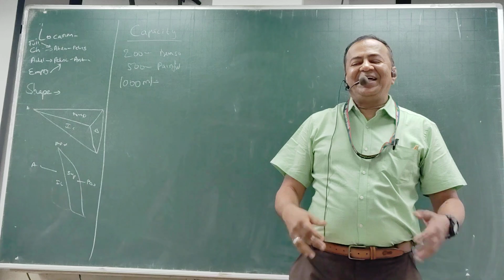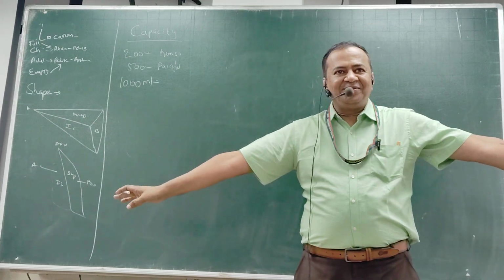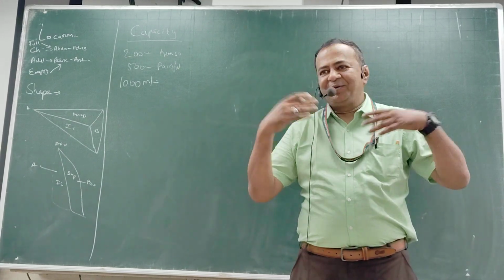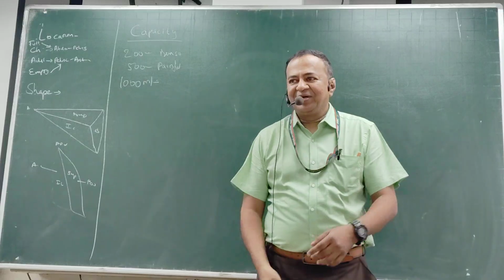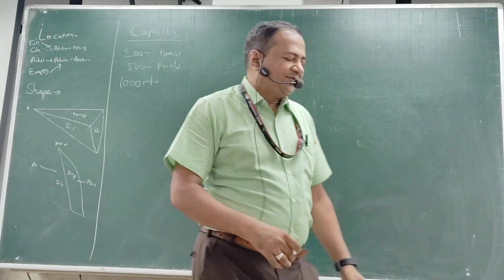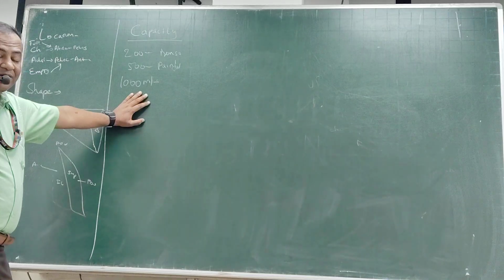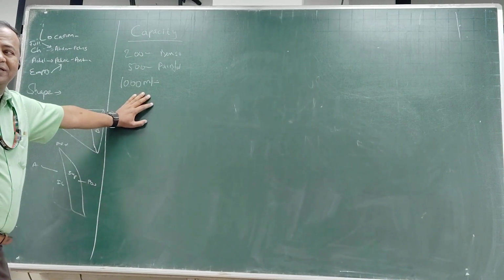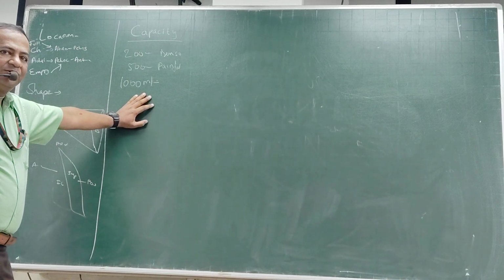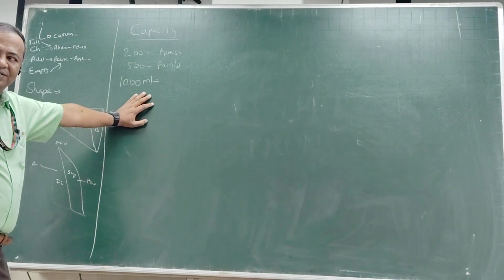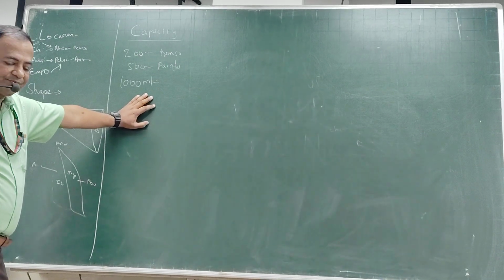Because there are two things that can happen: that person loses control or his bladder may burst. So this is the anatomical capacity, the final maximum capacity, after which the person loses control or the bladder may burst. Okay? Thank you.